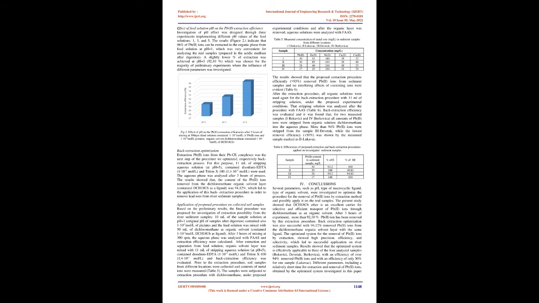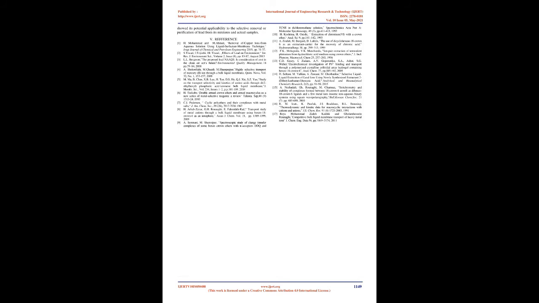The aqueous phase was analyzed after 3 hours of process. The results showed that the content of Pb2+ ions removed from the dichloromethane organic solvent layer, containing DCH18C6 as a ligand, was 94.12%, which led to the application of this back extraction procedure in order to remove lead ions from river sediment samples.